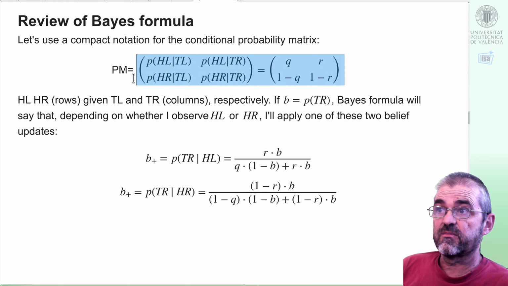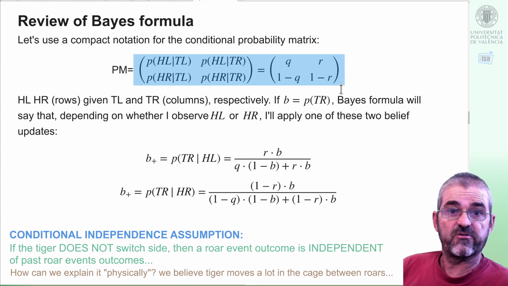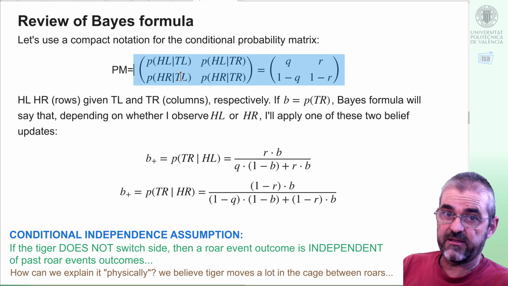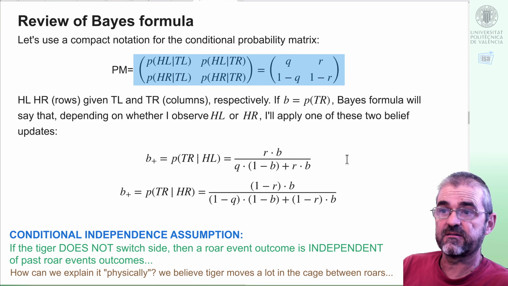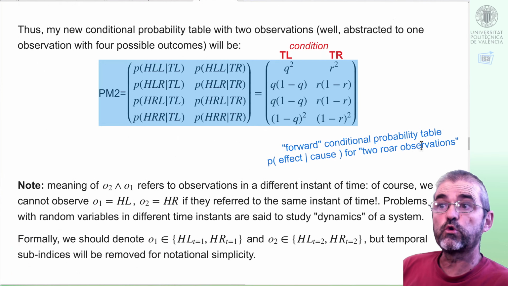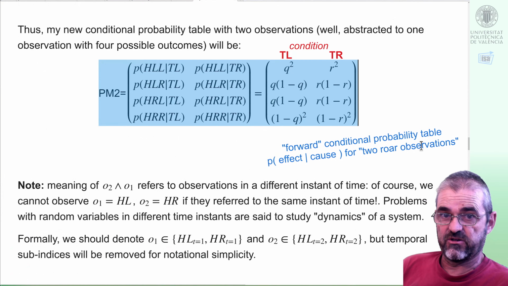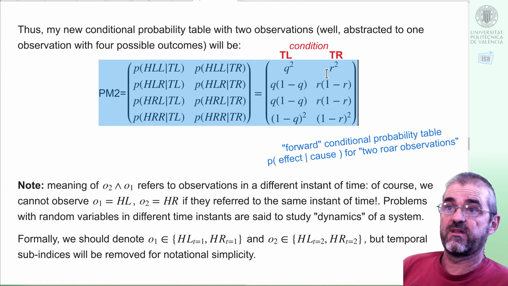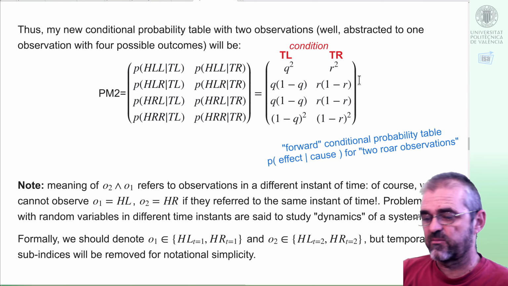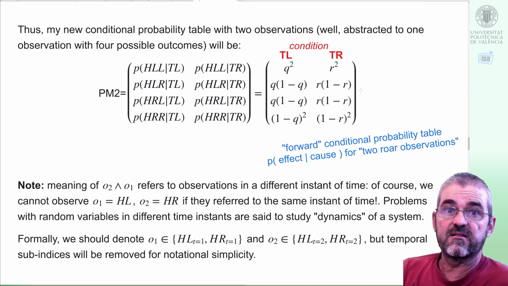Then, if we assume conditional independence, so that one roaring event, if the tiger doesn't change side, is independent of previous roaring events, then we can multiply conditional probabilities. So for instance, we crafted these roaring combinations, observing left-left, left-right, right-left, right-right, with this conditional table, so that I would apply Bayes' formula with whatever event I observe.